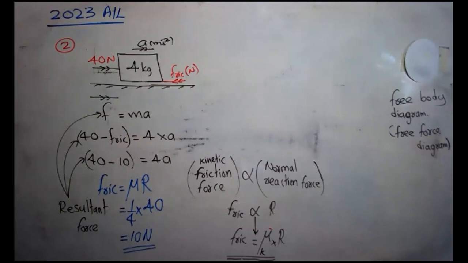So what is acceleration, dear? Did you find the acceleration? 15 over 2 meters per second squared. It is said 15 over 2.